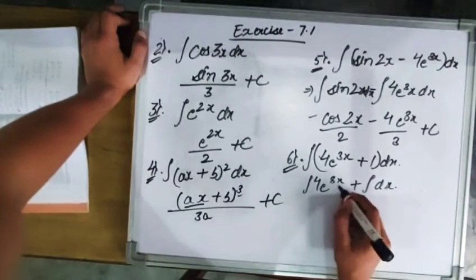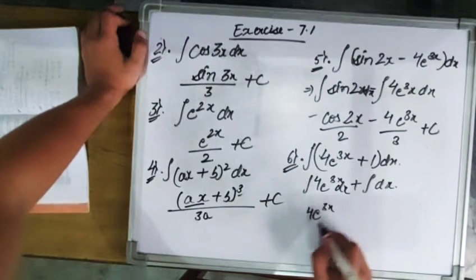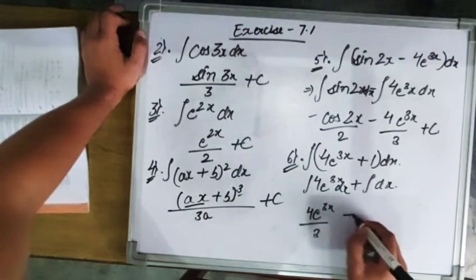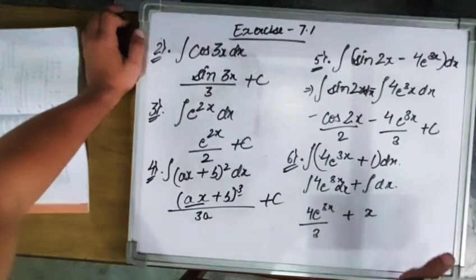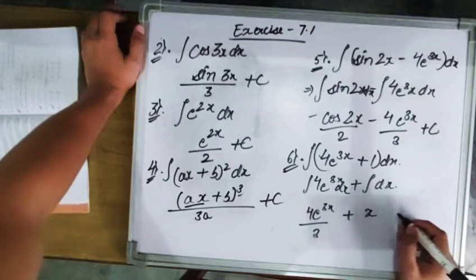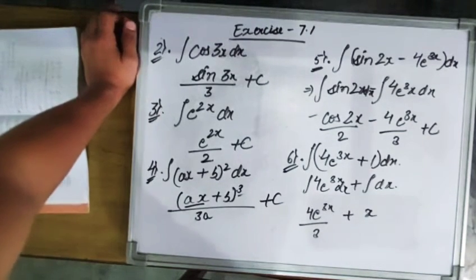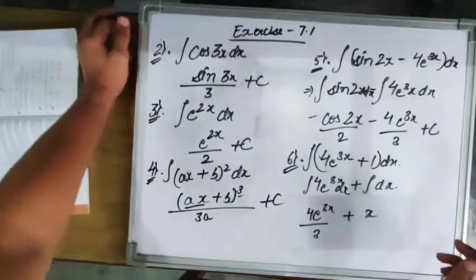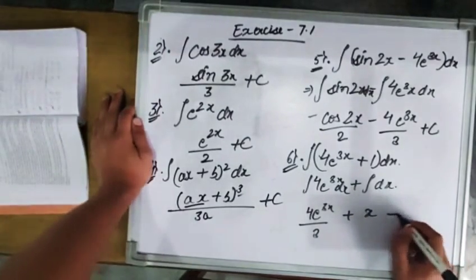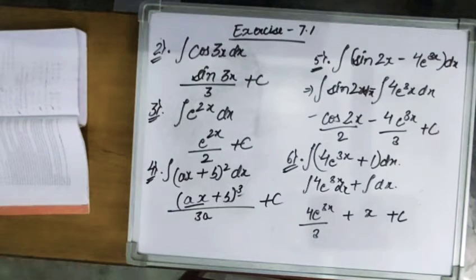Now finding the integral, we have 4 e raised to power 3x upon 3 plus x. The integral of dx is x. It is very important to note that the integral of dx is x and the derivative of x is 1, so these two operations are opposite to each other, plus c. So here we are till the sixth question. Pause the video to note it down, then we'll move to our seventh question.